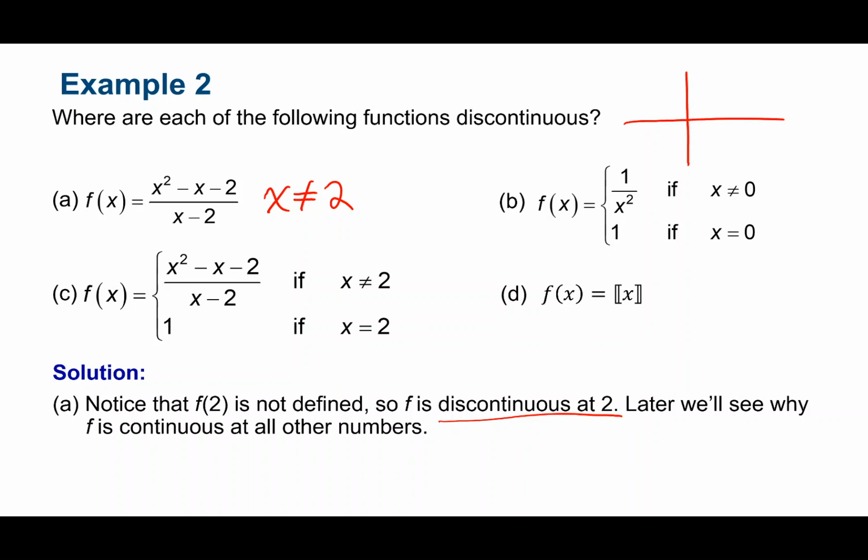Squared, so if we put in negative values, we get positive function values. It looks like this. So, and then at x equals 0, it says the function value is 1.